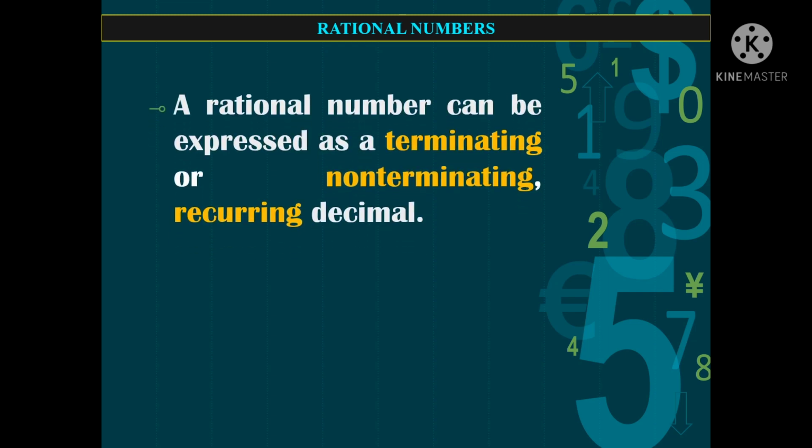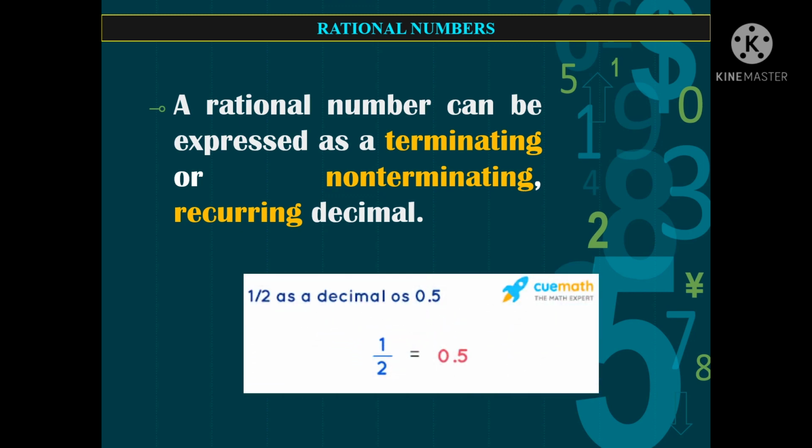Now let's go to the third definition. A rational number can be expressed as a terminating or non-terminating recurring decimal. We have an example right here: 1/2. As a decimal, 1/2 is equal to 0.5.